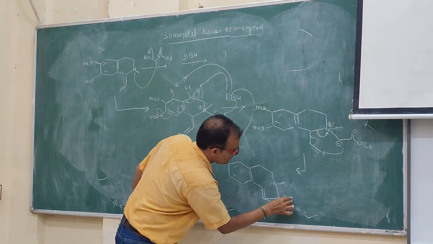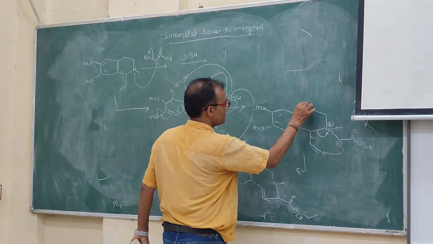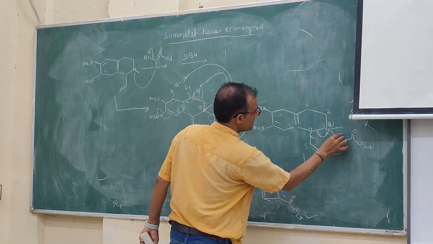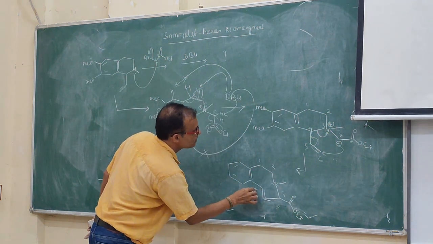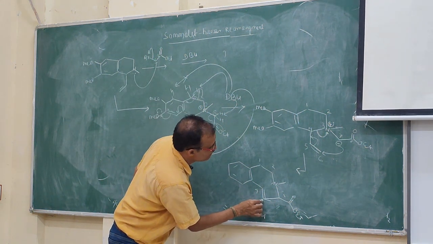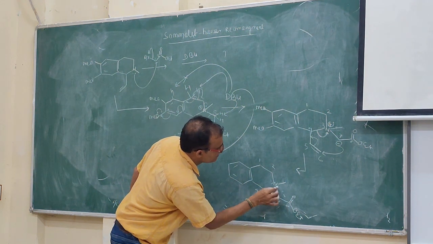CO2Et, let us count. This is 1, this is 2, 3, 4, 5, 6, 7, 8. This is 1, this is 2, this is 4, this is 5, this is 7, 8, this is 3.